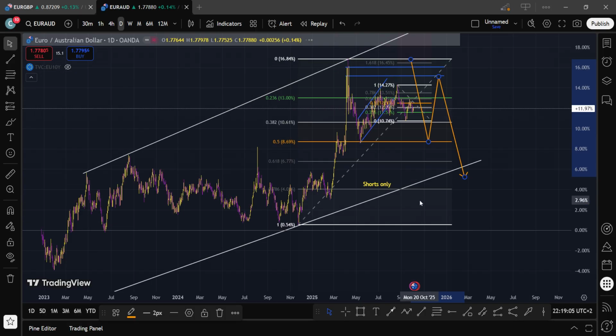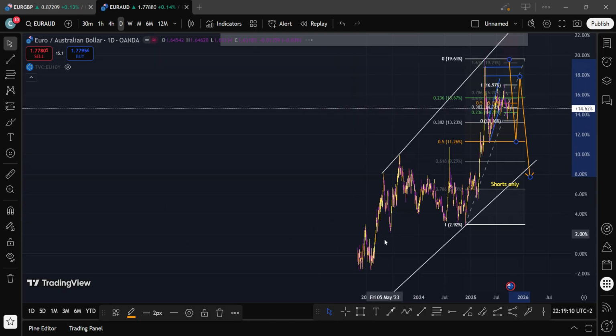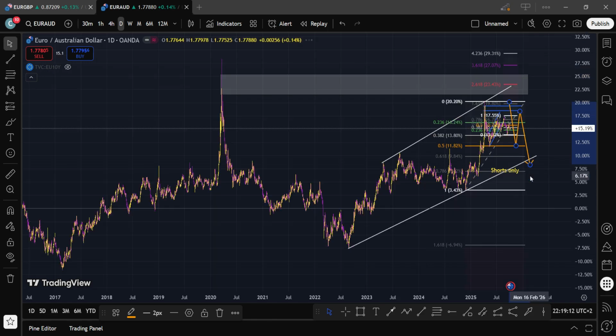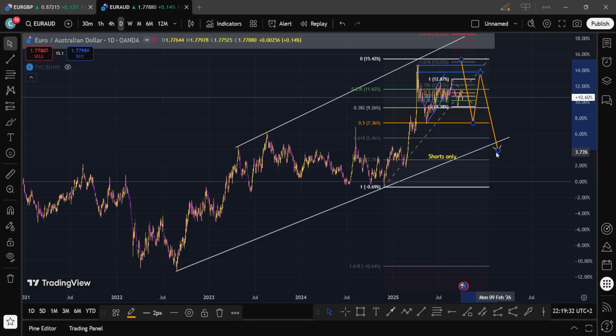And in that case, we're going to be dropping all the way down here. And as you can see, I'm breaking below it here because we have our first touch here, our second touch here, and we're expecting to manipulate this primary trend line or this weekly time frame trend line. So that's the reason why I'm expecting to manipulate it.